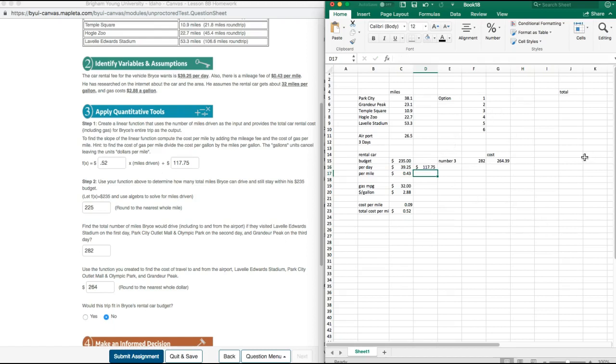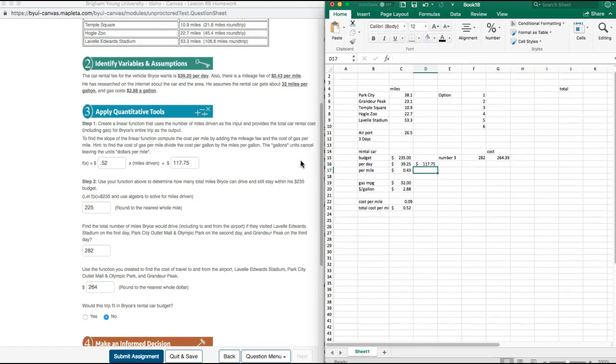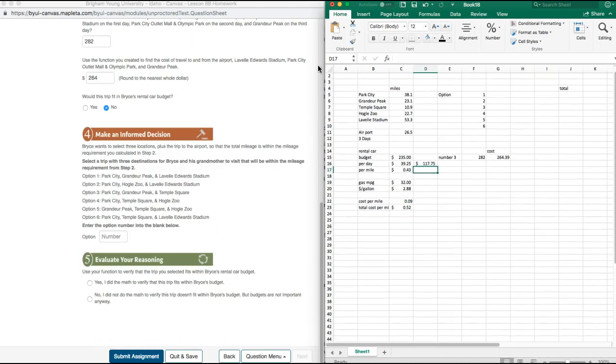Okay, now I can reference that again. That's after 3 days. Okay, so here for option 1, we're going to do Grandeur Peak. Oh no, option 1 is Park City. I'm going to reference this. And then he's also going to Grandeur Peak, which is this one. And where else is he going? Lavelle Edwards Stadium here. Okay.